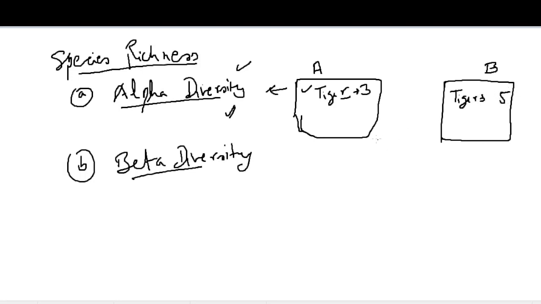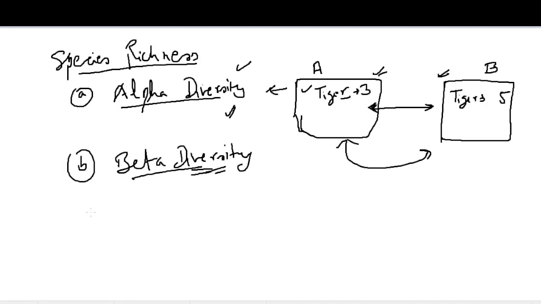So beta diversity gives the concept of the differences between this and this ecosystem in terms of species diversity. Whatever the difference in number between ecosystem A and ecosystem B is called beta diversity. So beta diversity compares two types of ecosystem.